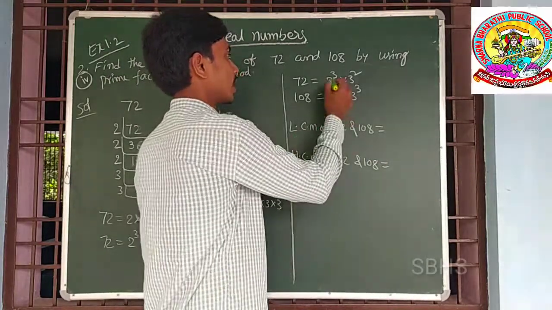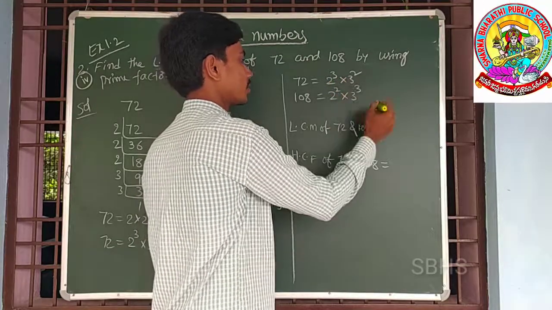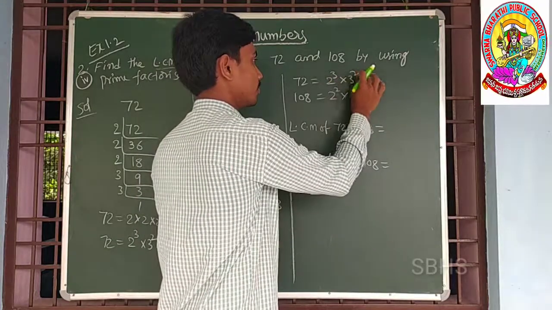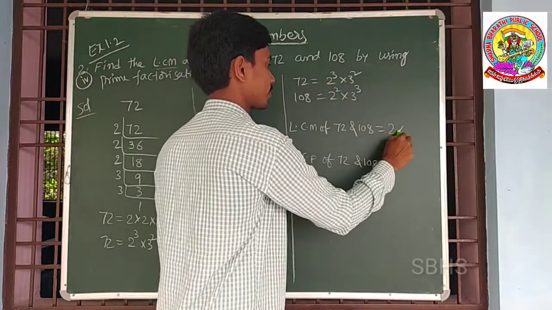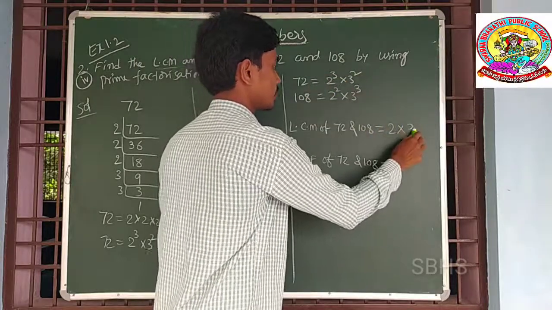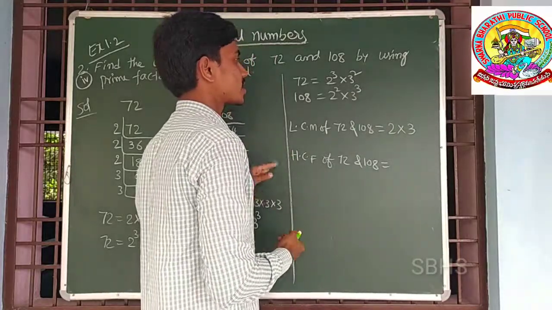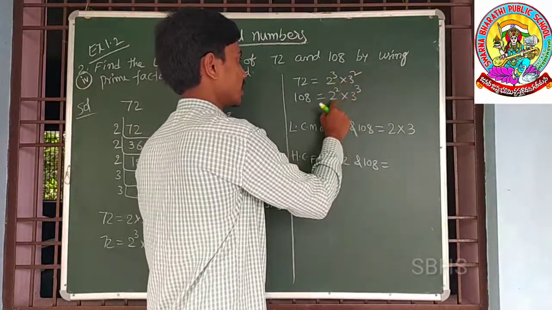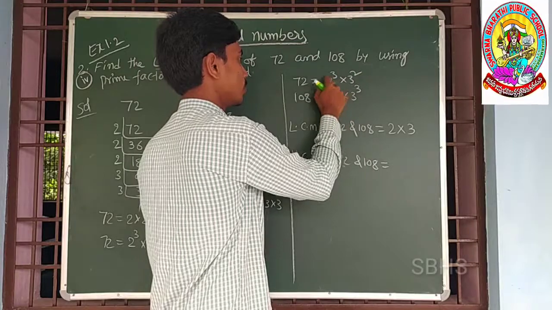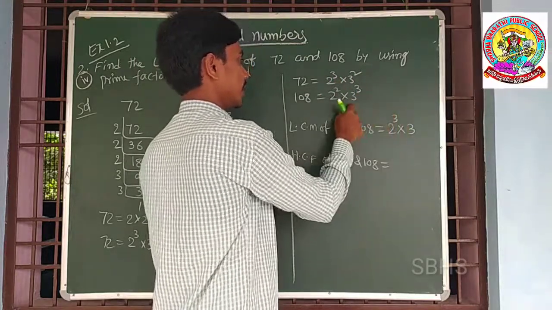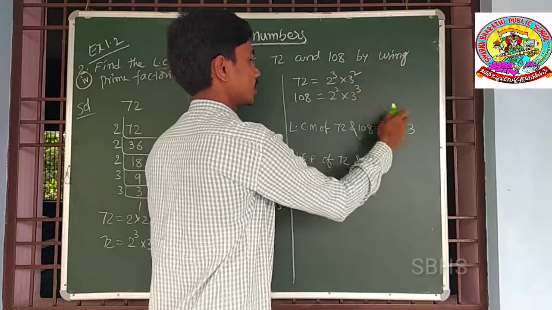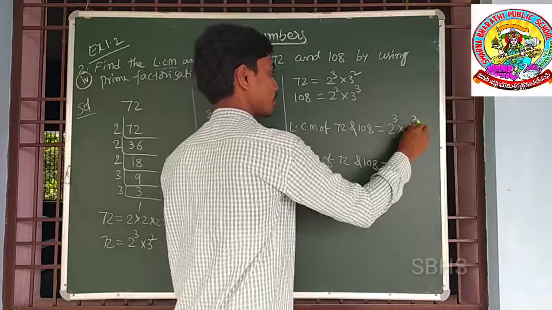Simply write all the prime numbers in both. Here 2 is common, here 3 is common. Try to write the highest powers in both. Here 2 square, here 2 cube. Which one is the highest? 2 cube is the highest. So 2 cube. Next, 3 cube or 3 square? Cube is the highest one.